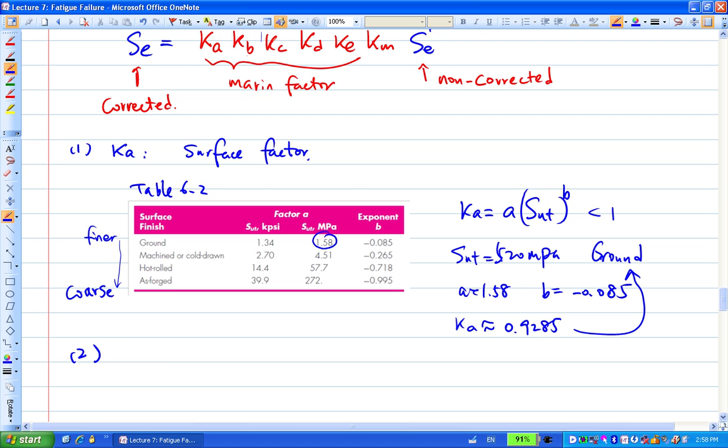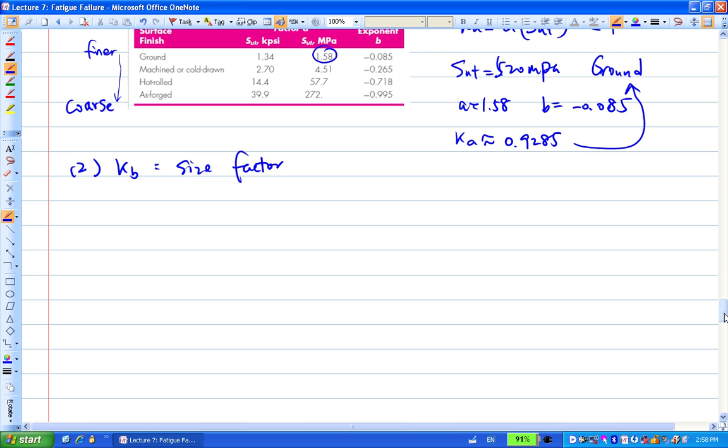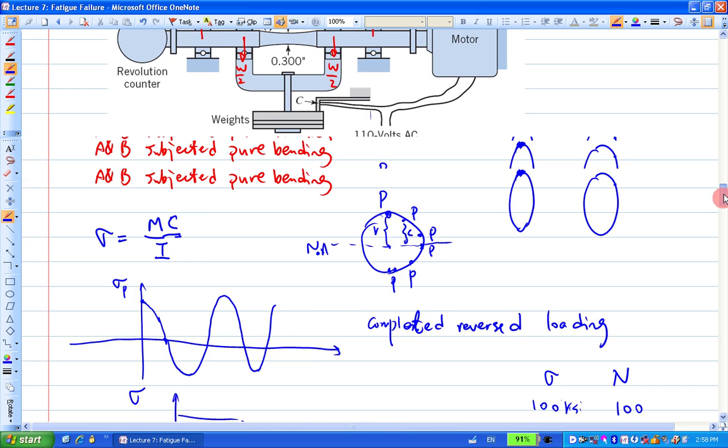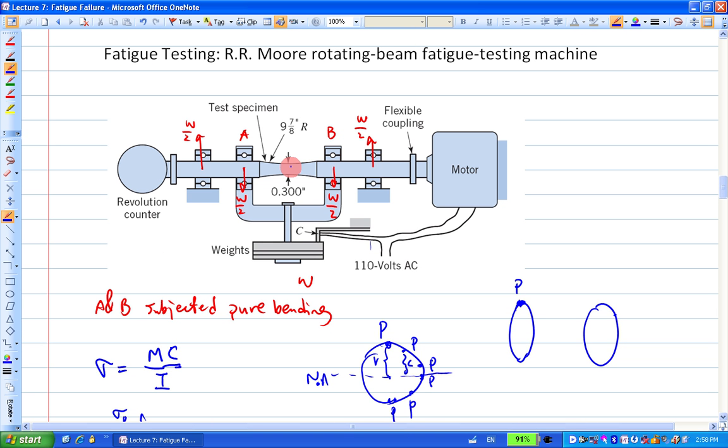Kb is the size factor. For the size factor, remember the specimen I was referring to here. The specimen has a center diameter of 0.3 inch, right?